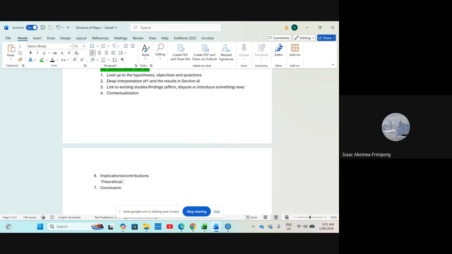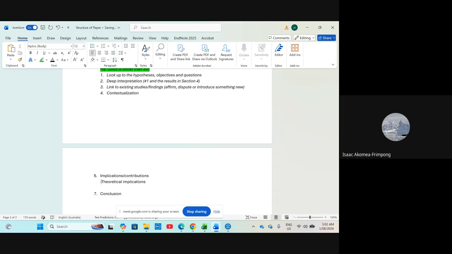Are you adding a new construct? Did you change something? Are you bringing something new? So something like that. The theoretical implications can stand for many things.